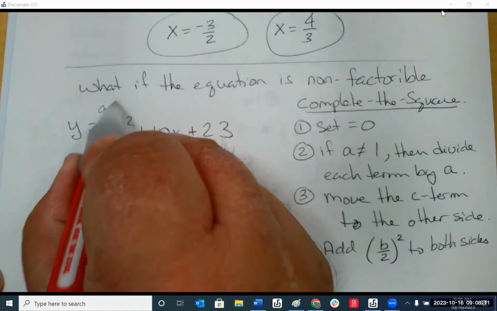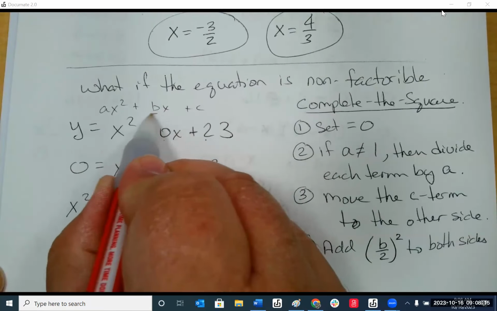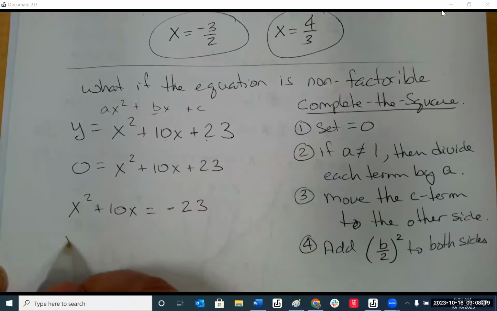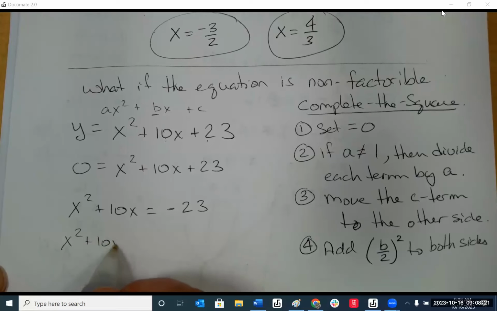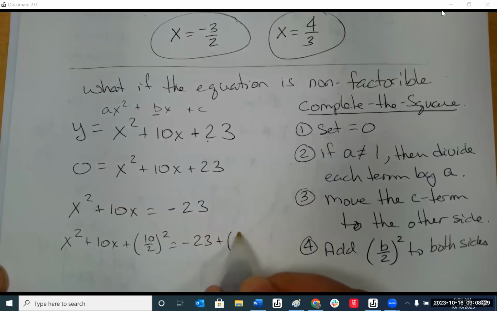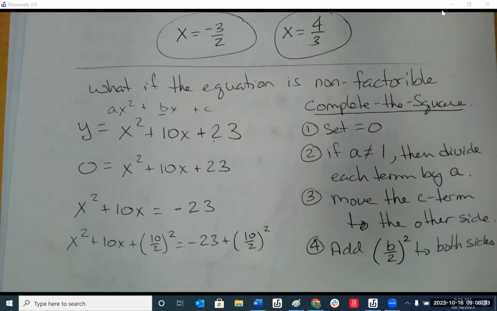Remember, it's ax squared plus bx plus c. B is in front of the x, so it's 10. So we add 10 over 2 squared to both sides. And don't worry about the signs. When you square them, it becomes positive anyway.